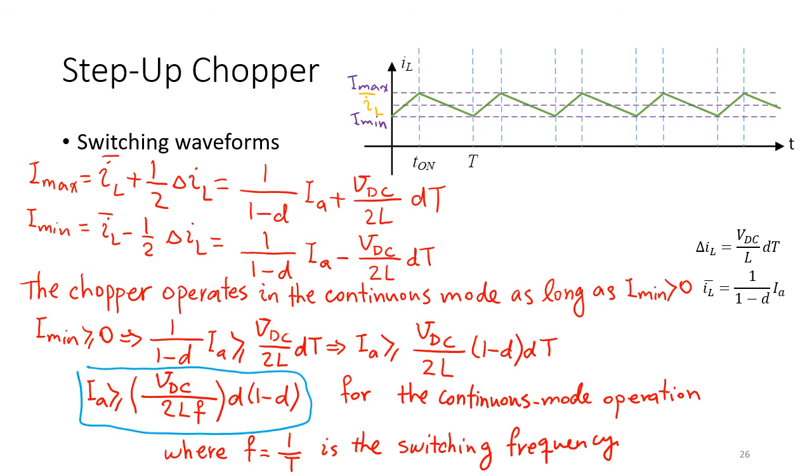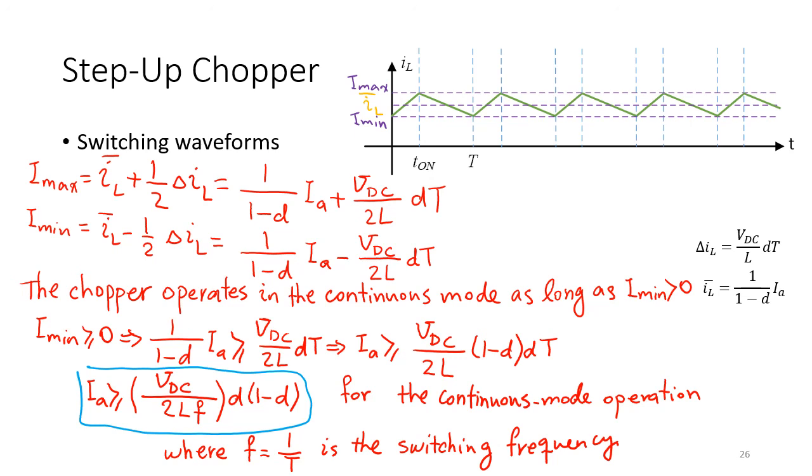Any question? But what happens if we don't operate in the continuous mode? We are going to discontinuous mode. There's no problem with that. You can even see cases that work in discontinuous mode, but it's not as linear and straightforward as continuous. We are not going to discuss it in this class.